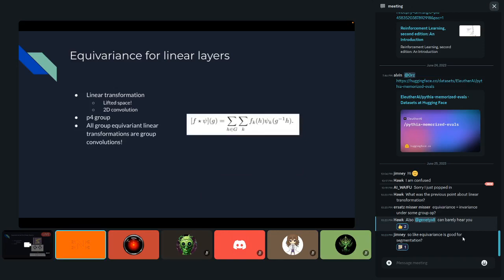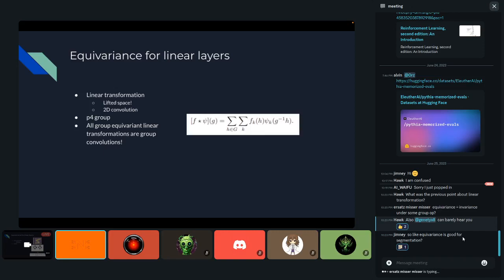And actually, it turns out that group convolutions are literally all the linear transformations that preserve group equivariance.